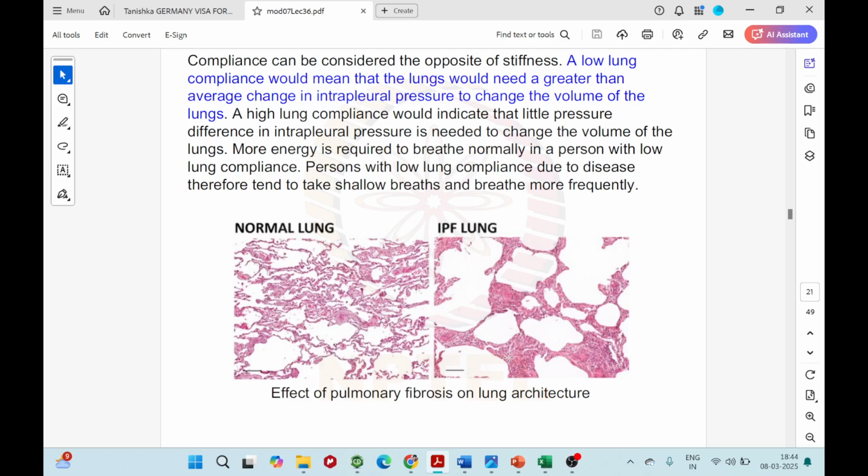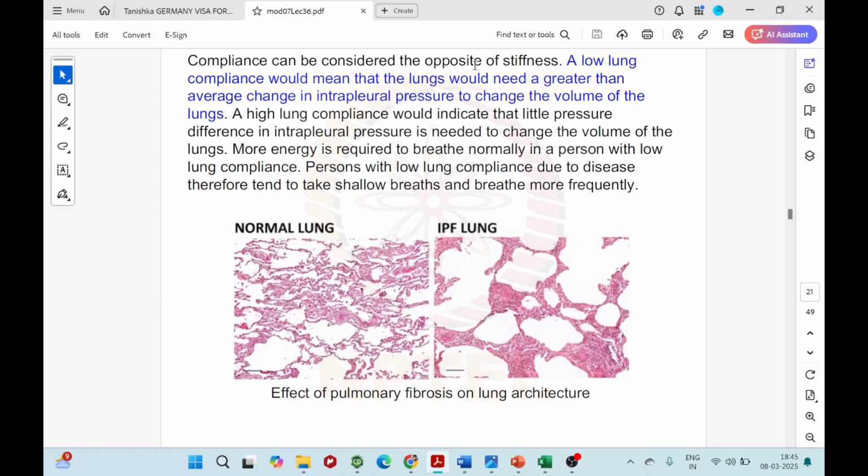That also depends on the elasticity. Suppose your lungs are not that elastic, and due to that the compliance of your lung is changed. Compliance can be considered the opposite of stiffness. A low lung compliance would mean that the lung would need a greater than average change in the interpleural pressure to change the volume of the lungs.